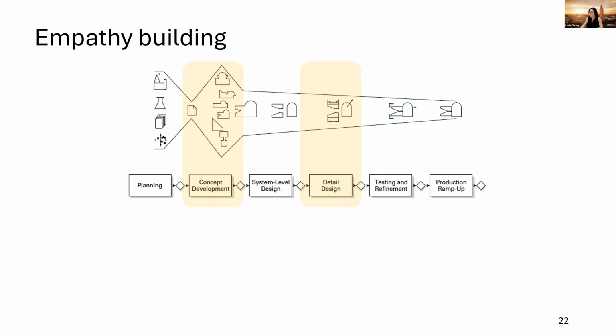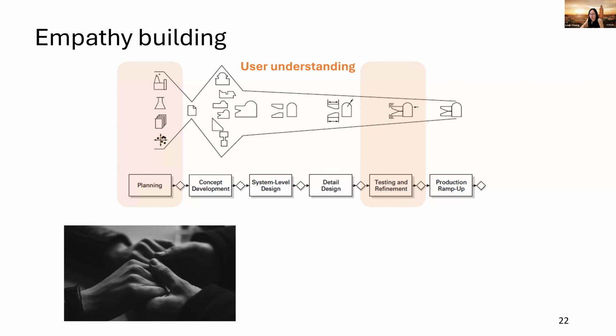But really where the communication with users is happening are these 2 phases of the design process: first being the planning phase and the testing phase. And in this part, really, there hasn't been much work on how AI can help with this process and increase their empathy level and be able to create better user understanding for the designer. So that is exactly the focus of this work.